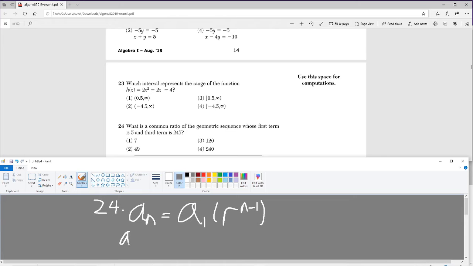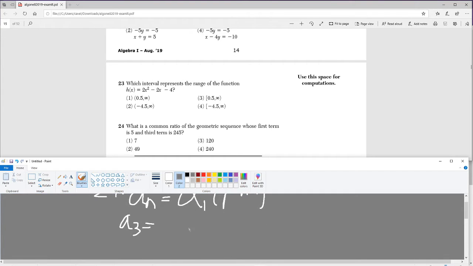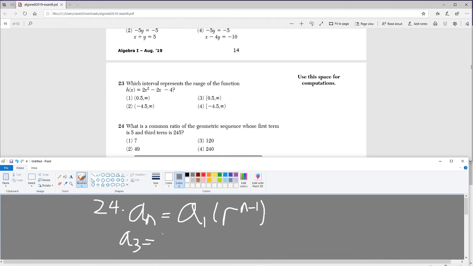So we know that a3 is equal to a1, which is 5, times r.